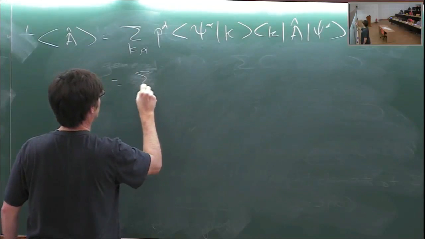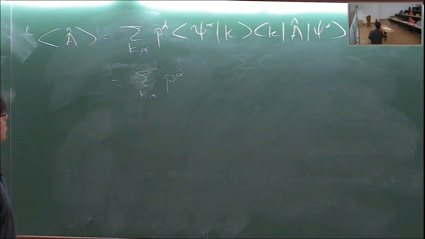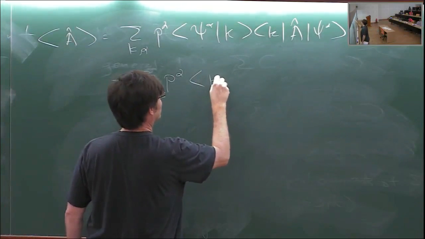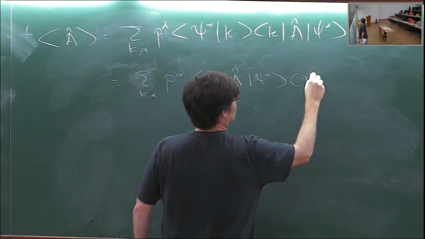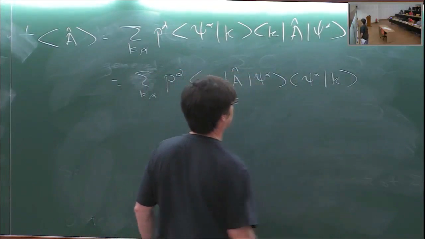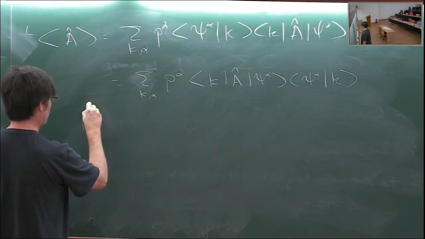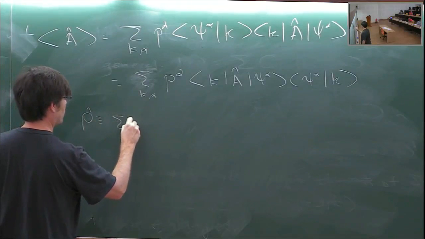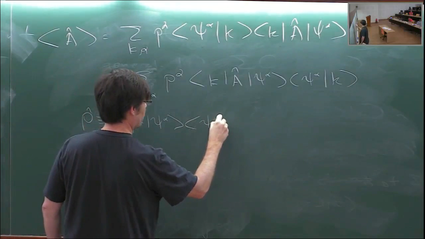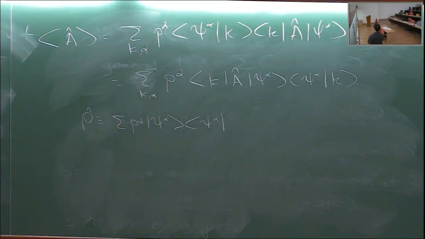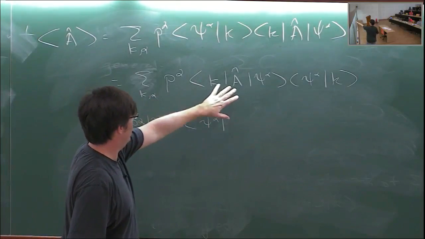And so all I'm going to do is use the fact that complex multiplication commutes. So I can write this just as well as <k|A hat|psi_alpha><psi_alpha|k>. And now I can define an operator, rho hat, as the sum over alpha of p_alpha |psi_alpha><psi_alpha|.